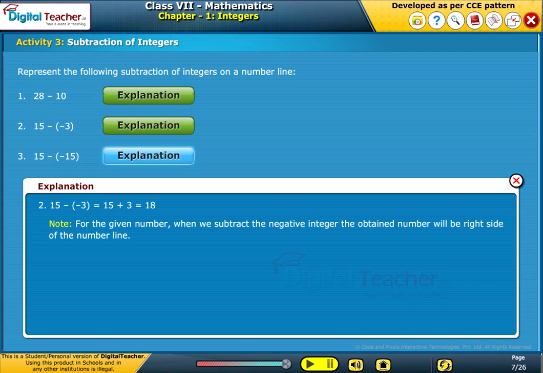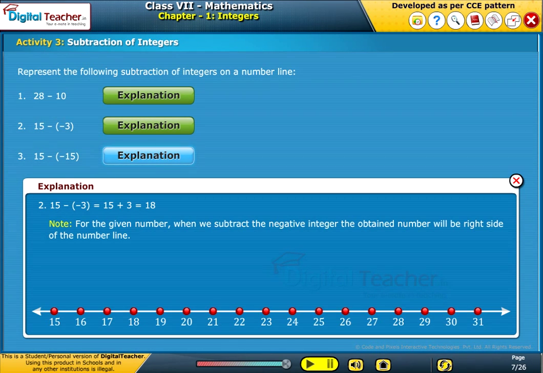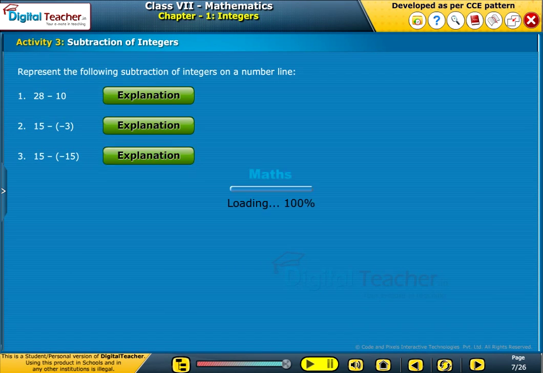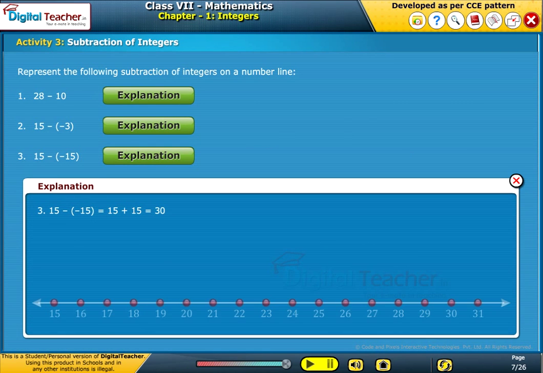Note: for the given number, when we subtract the negative integer, the obtained number will be right side of the number line. Its representation is shown on screen.